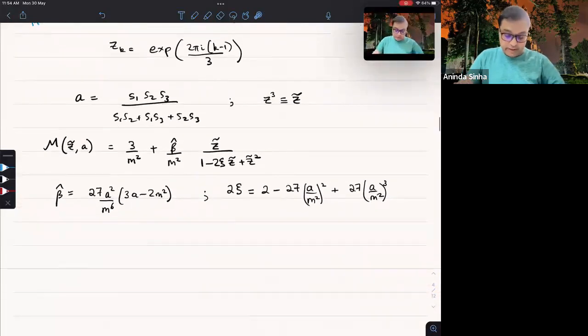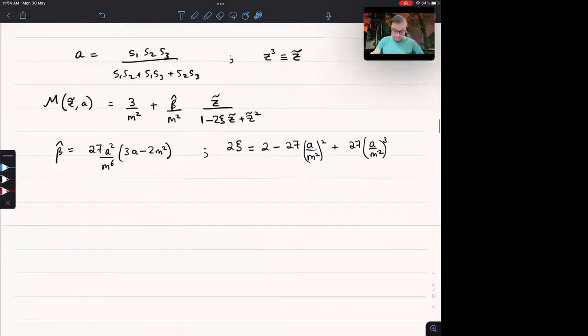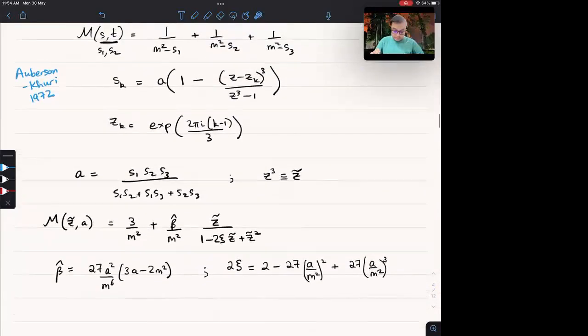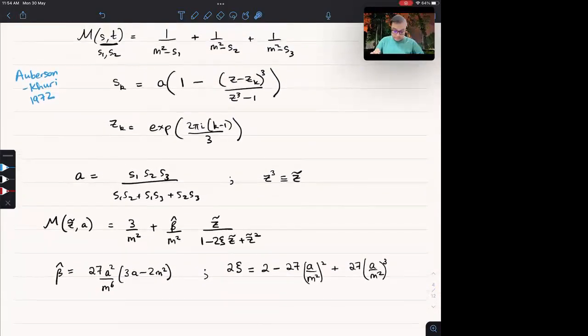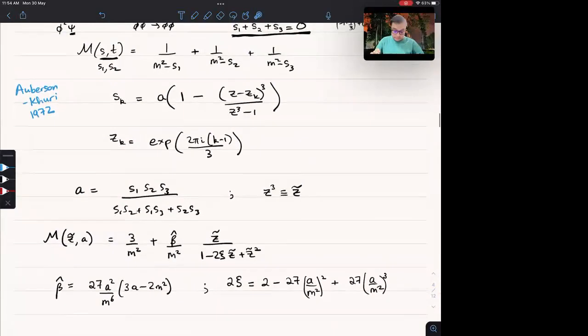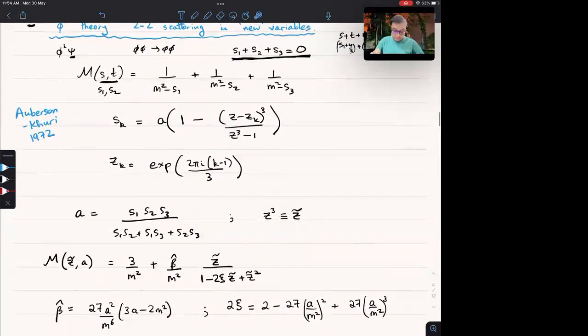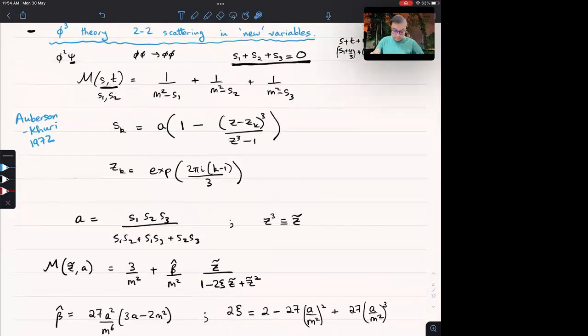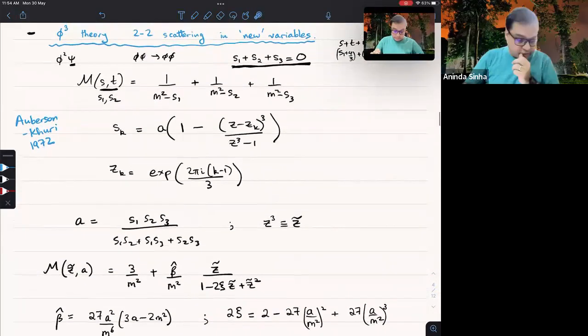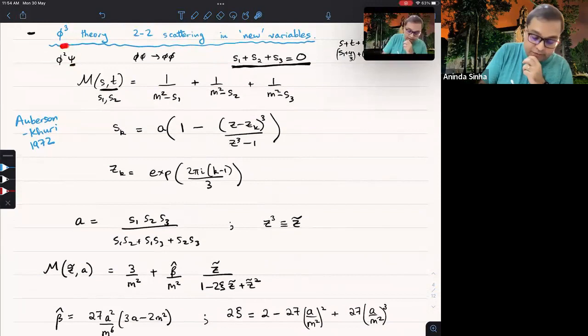I think there is a confusion, maybe some notation. You are using m squared. S looks like the usual Mandelstam variable, right? No shift, but you are still using S1 plus S2 plus S3 equal to 0. Yeah, so I was doing it in a slightly different theory, not in the phi cube theory. I was doing it in the phi square psi theory, where phi is massless and psi has mass m.